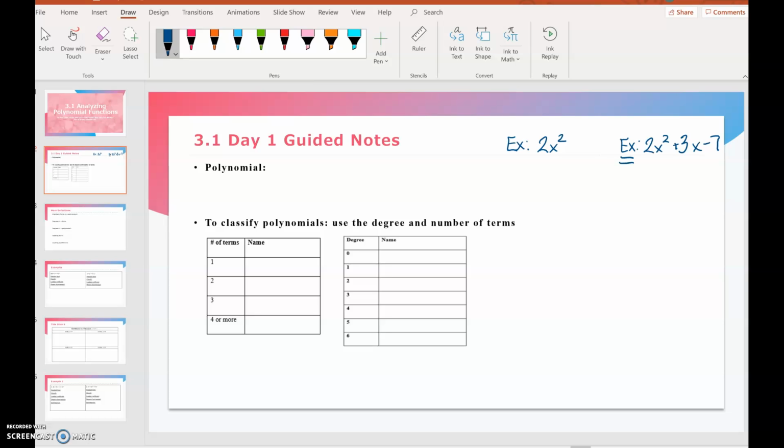So what is a polynomial? Well, in math terms, a polynomial is a monomial or the sum of monomials.